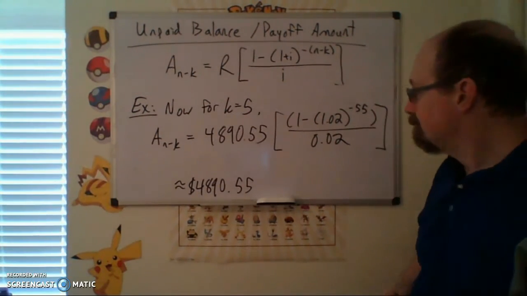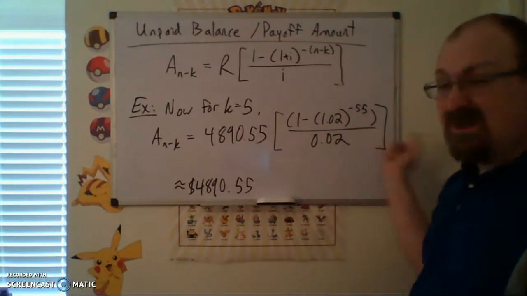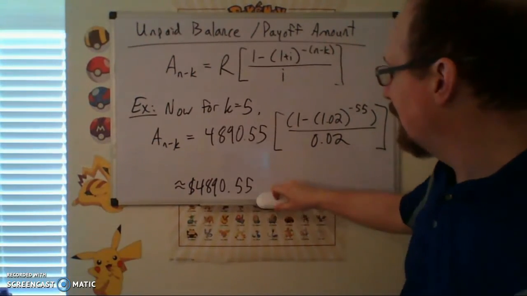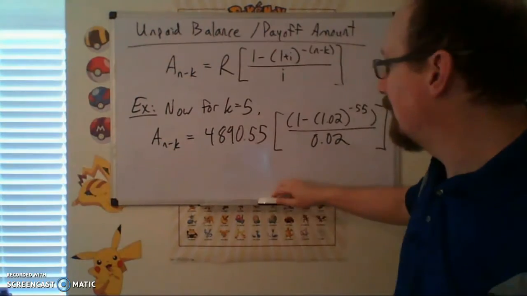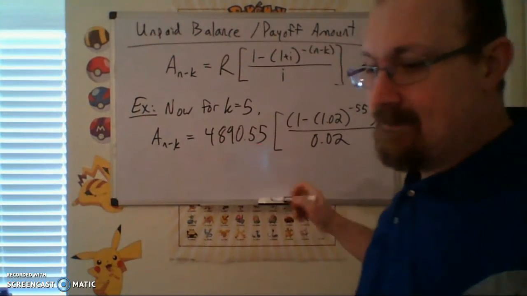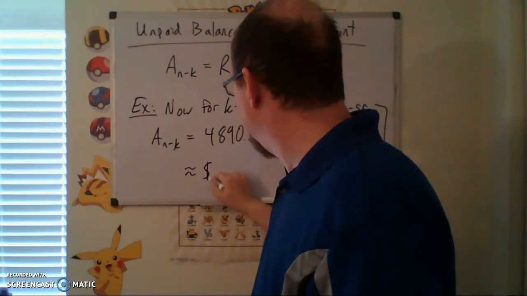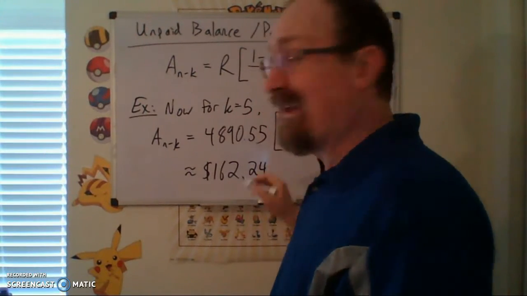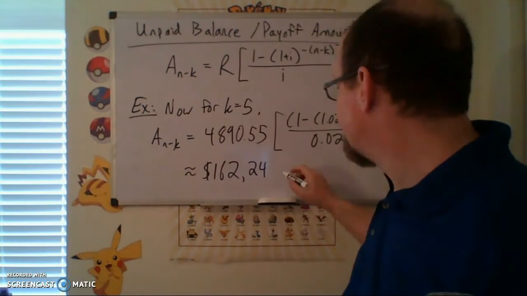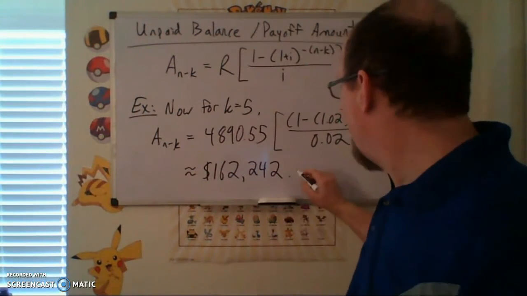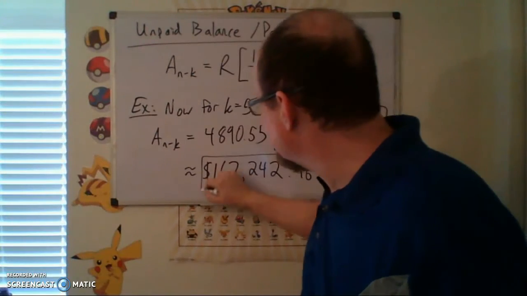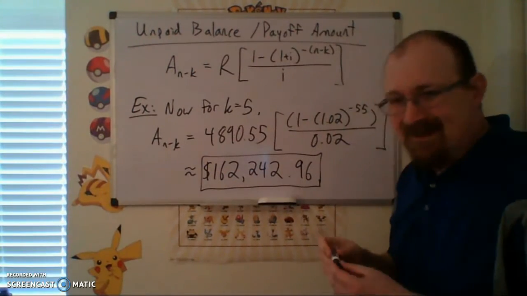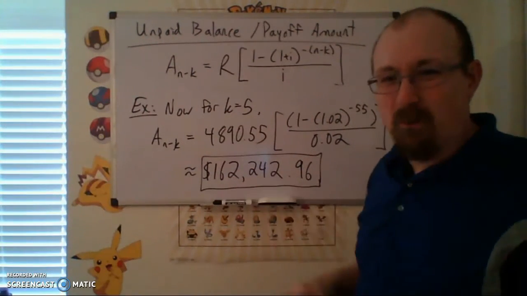So that's it. We just kind of hammer through the calculation. We don't need R anymore because we got it listed right there. And the amount they still need to pay off is $162,242.96.